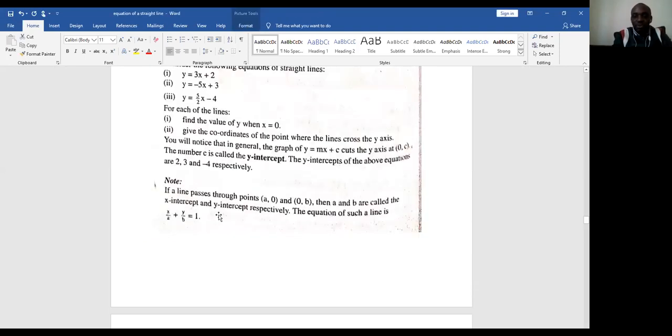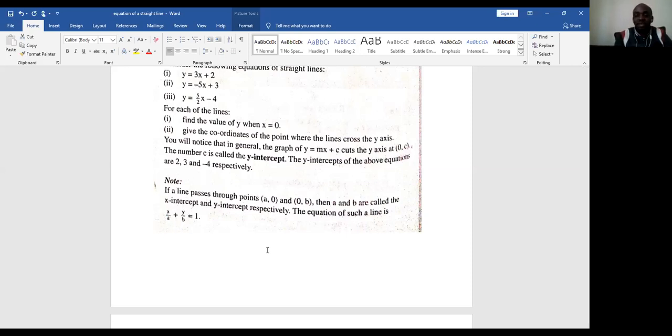Now, if a line passes through points (a, 0) and (0, b), then a and b are called the x and y intercept respectively. And the equation of such a line is x over a plus y over b is equal to 1. Can you write this formula at home? This question can be asked.